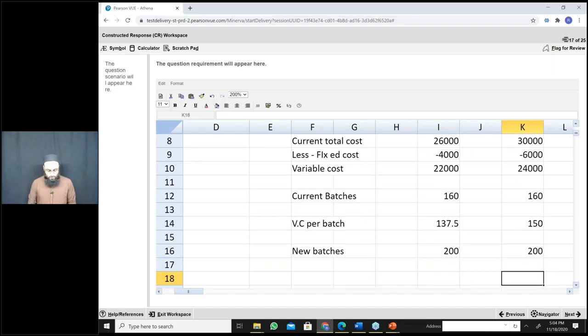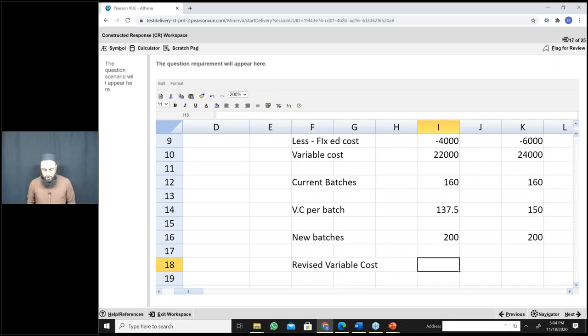So revised variable cost will be how much? The cost per batch is 137.50 and now 200 batches will be produced due to change in the batch size, right? So 27,500 and 30,000. So you can check the calculations as well.